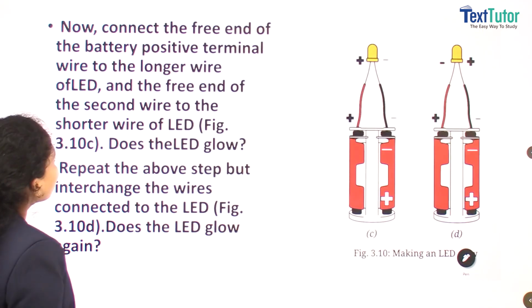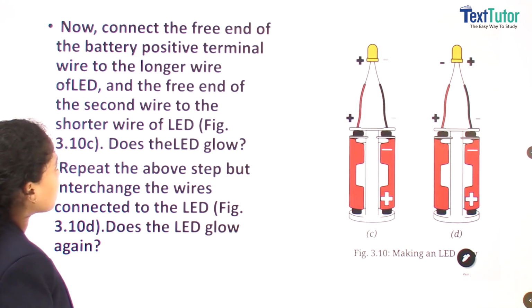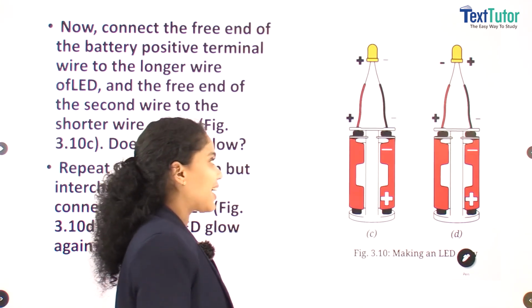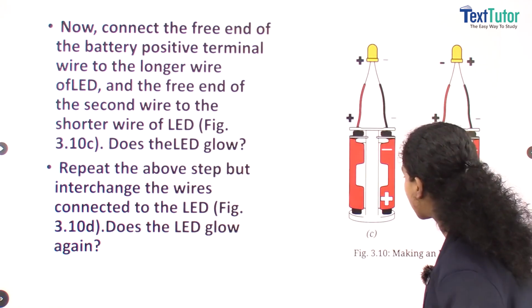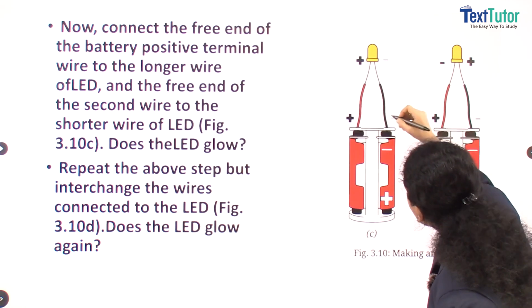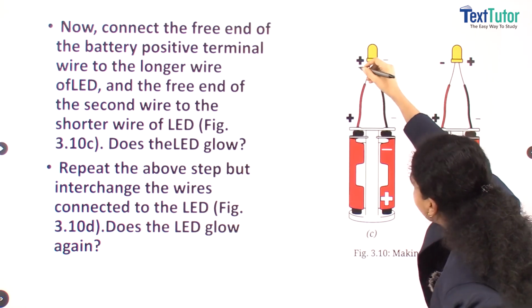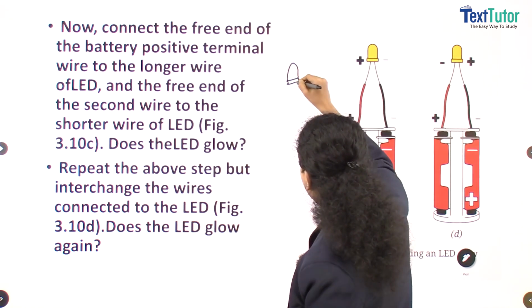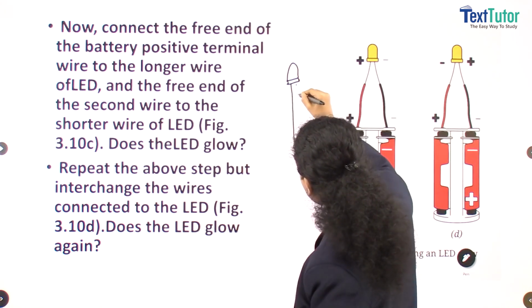Let's look. Now connect the free end of the battery's positive terminal wire to the longer wire of the LED, and the free end of the second wire to the shorter wire of the LED. While connecting an LED, we must notice that it has a longer wire and a shorter wire.